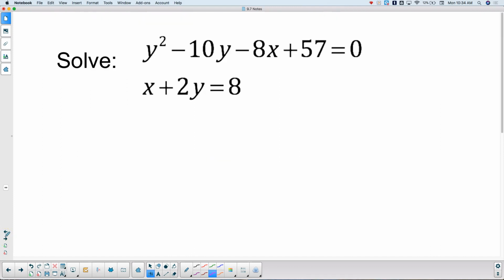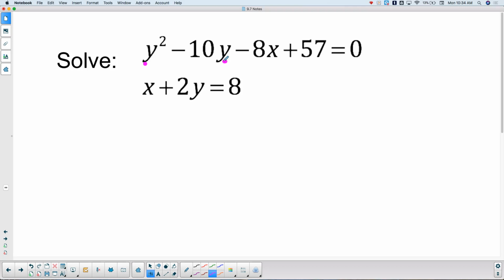So I had told you before that I was going to show you in this example why I wouldn't solve this one for y. Okay? If I'm doing substitution, I could pick solving for y, but then I'd have to go back and plug it in here, and go back and plug it in there.